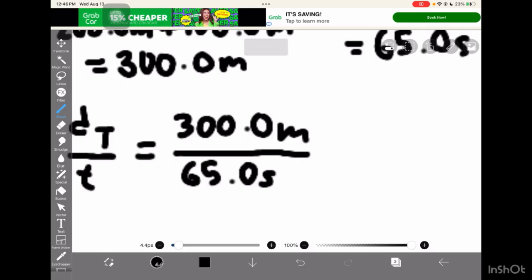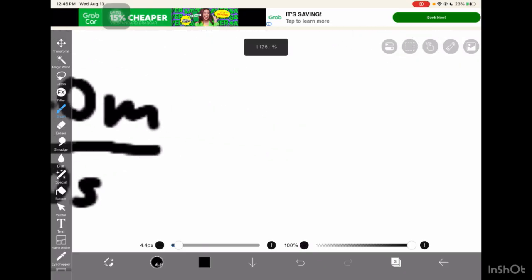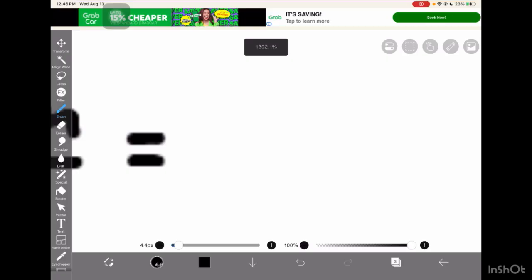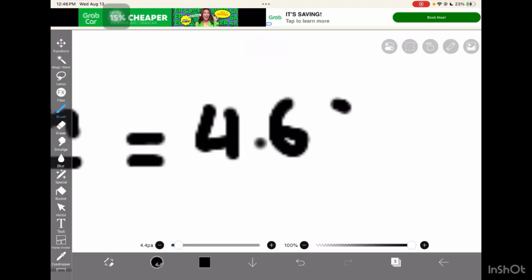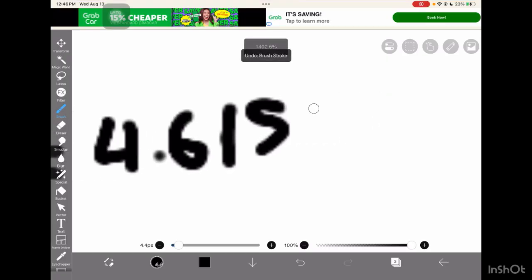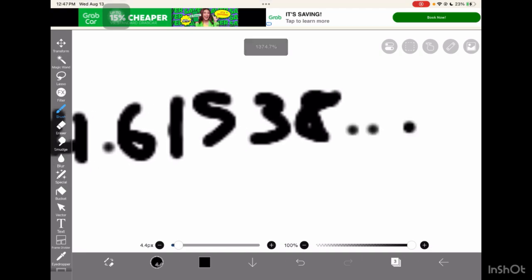So we put the raw values into the calculator. We have 300.0 divided by 65.0. That's equal to 4.61538, and so on and so forth.